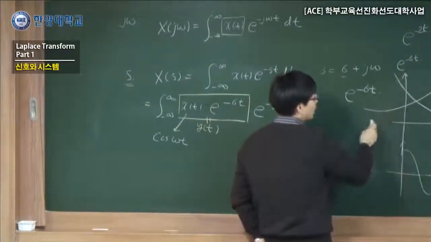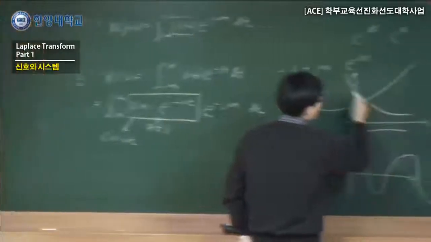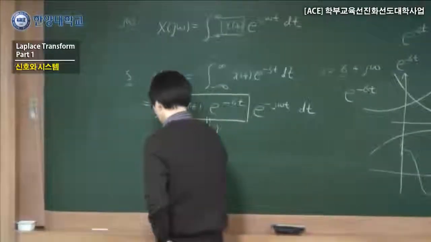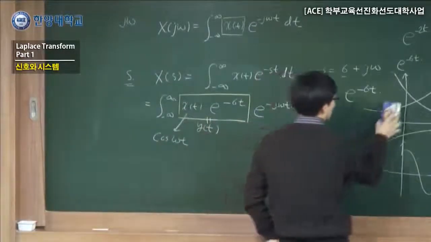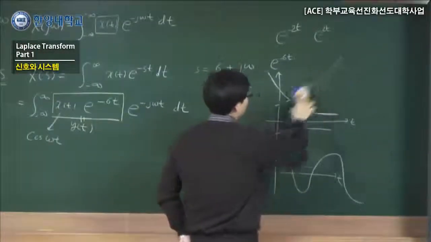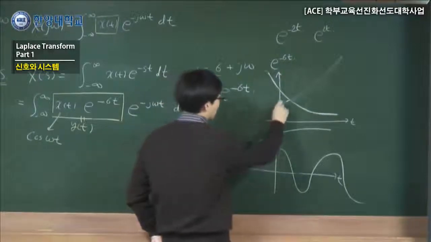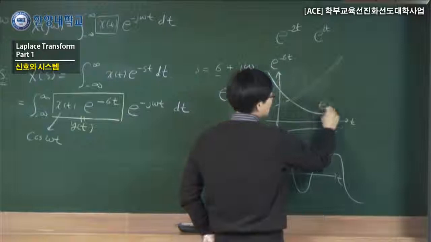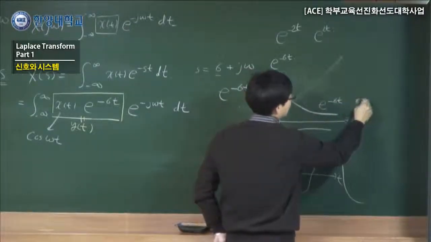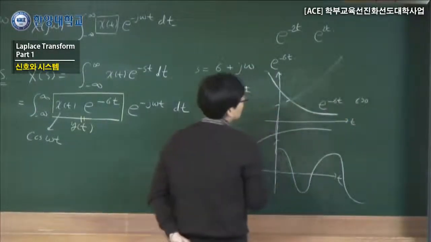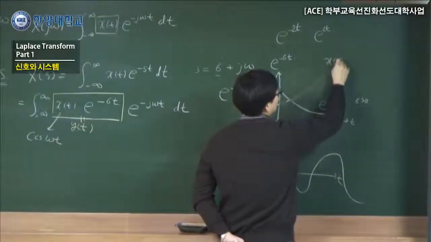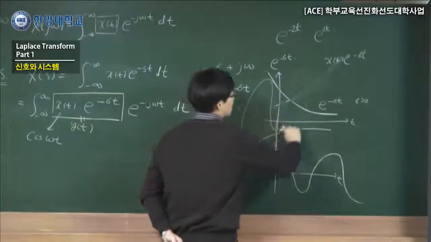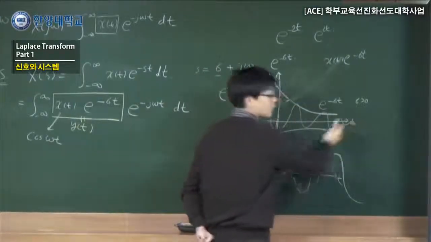When they diverge, when they converge, I think I mentioned this at the first chapter. If you try to draw e to the minus delta t when delta is positive, and multiply x(t) times e to the minus delta t, it will look something like this, and they converge to a certain value.